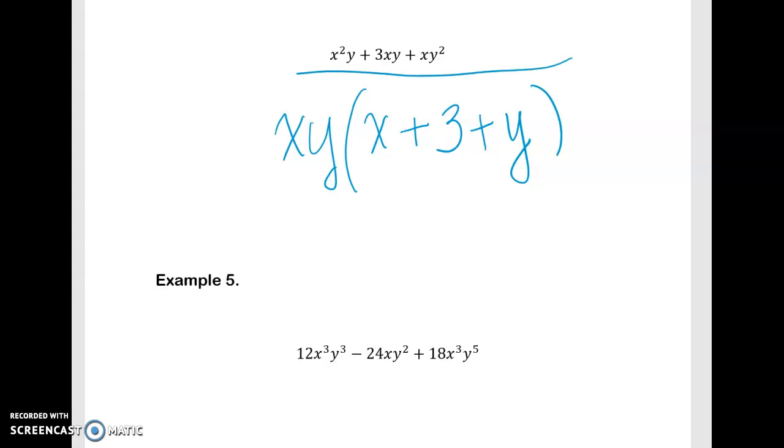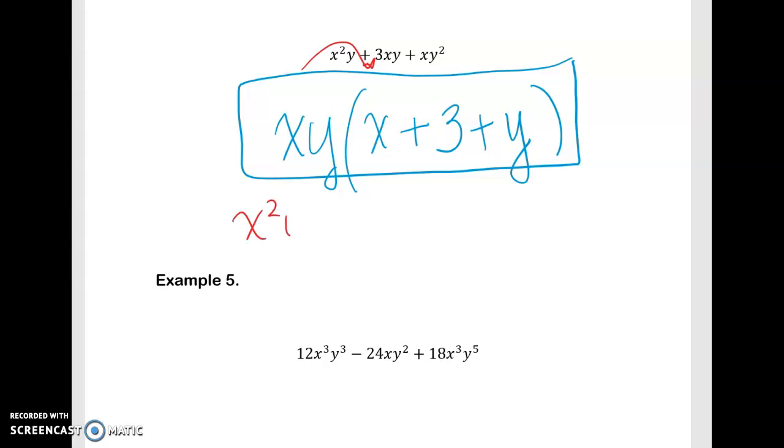Now, I did that a little bit quick, but let me check that. I'm going to use a different color. I'm going to show you how that worked out by checking it. x to the first times x to the first is going to be x squared y for that first term. Then xy times 3 is a positive 3xy.